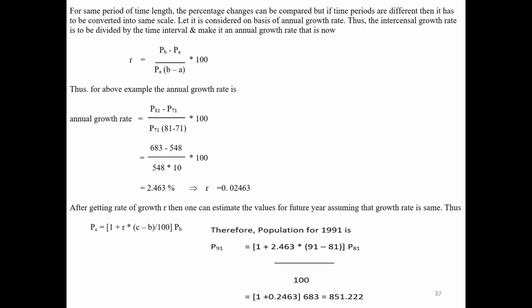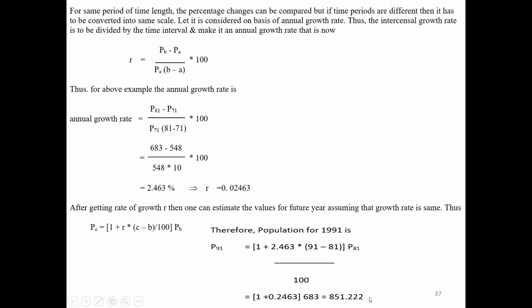So therefore, for the population of 1991, mind it, first of all we have computed the growth rate between 71 and 81. Then from the 71 to 81 data we are computing the annual growth rate. Now we are using that annual growth rate to compute the 1991 data. That works out to be P91 is equal to P81 times 1 plus 2.463 multiplied by 91 minus 81, divided by 100.